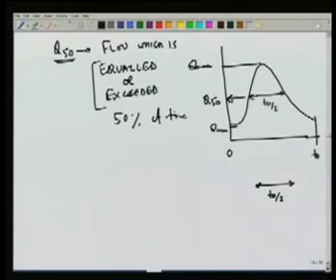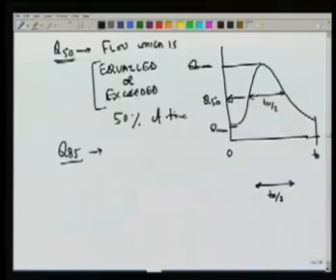Similarly, if you want to find out Q85, then we must see what is the flow which is equaled or exceeded 85% of the time. So that means only 15% of the time the flow would be below that. Let's draw this line here again.